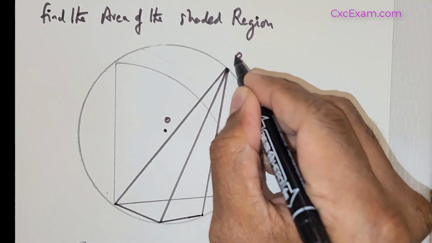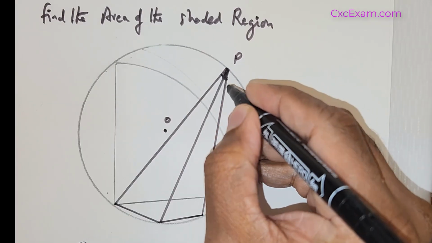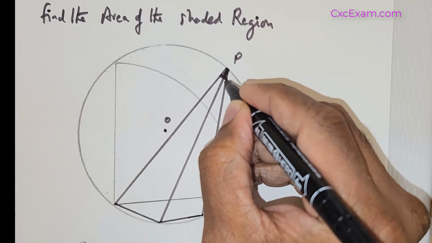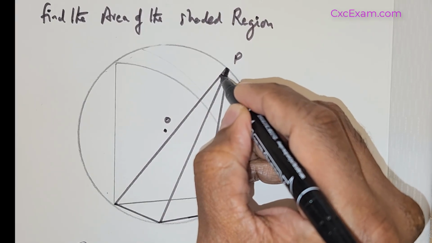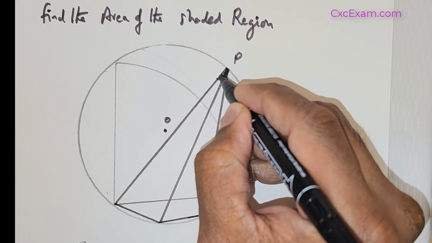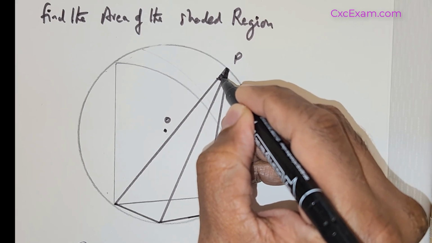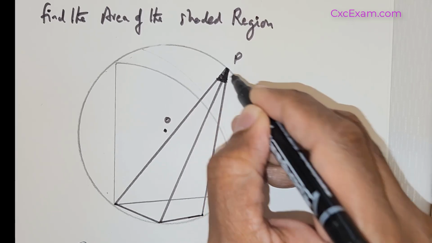This point is P, and the angles created here are of the same dimension. That is to state that the angle in this wedge is the same as this wedge. I hope you are able to catch that.